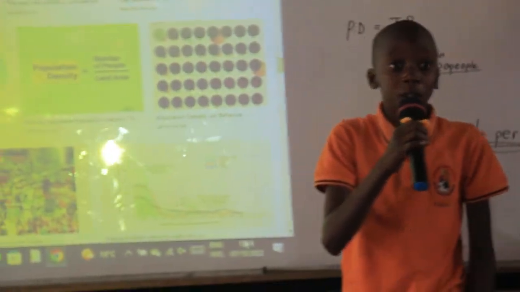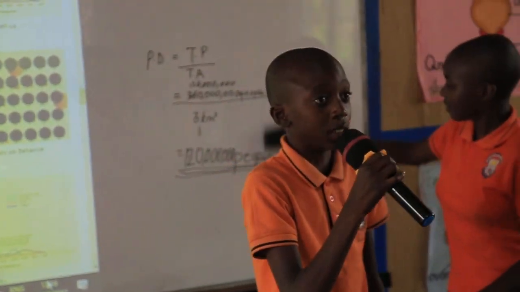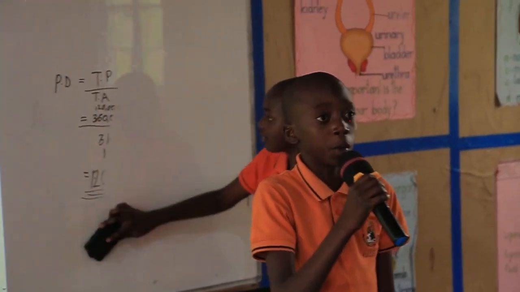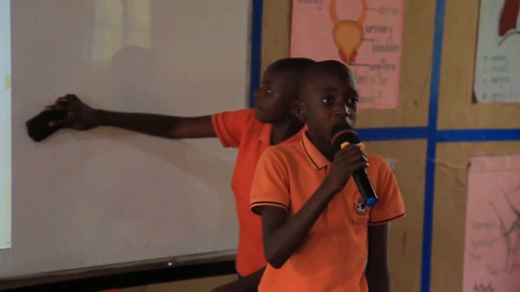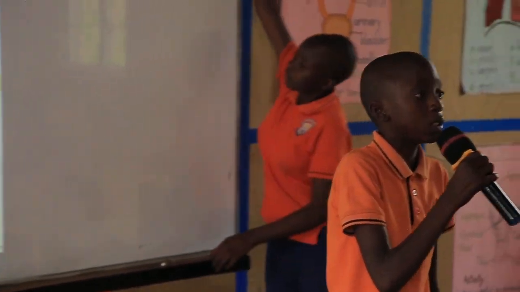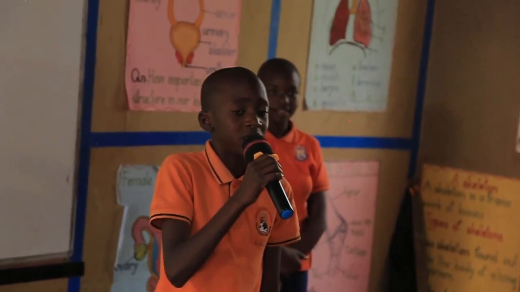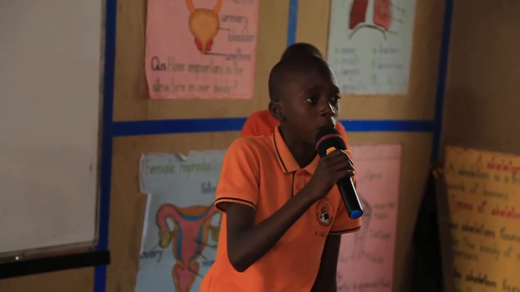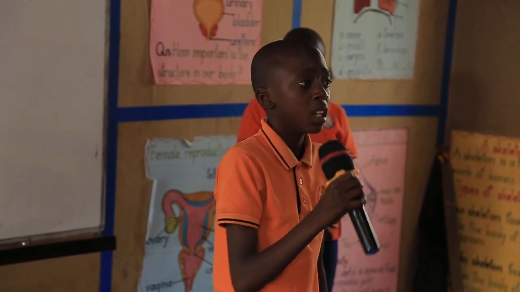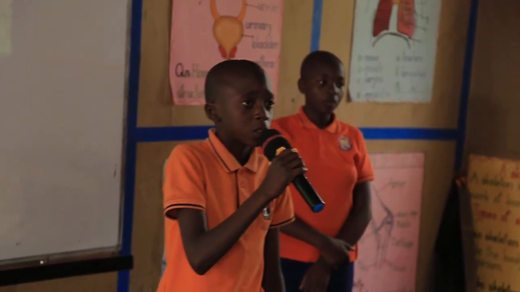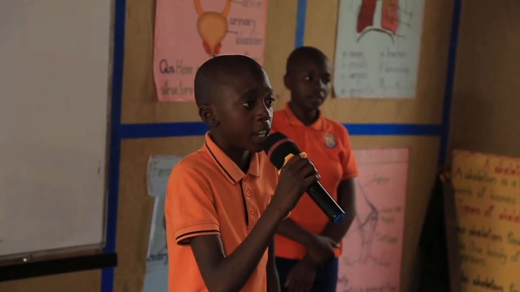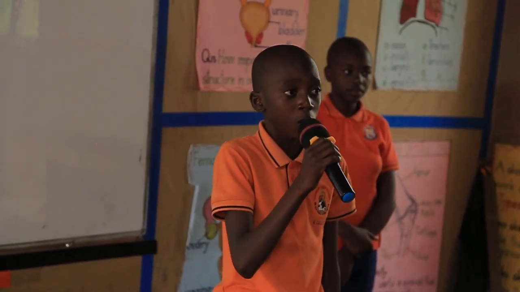Good afternoon, parents. My name is Caleb Francis. I am going to talk about population census. Population census is the official counting of the number of people living in an area. National population census is the general counting of the number of people living in a country. In Uganda, population census is carried out every 10 years according to the law.